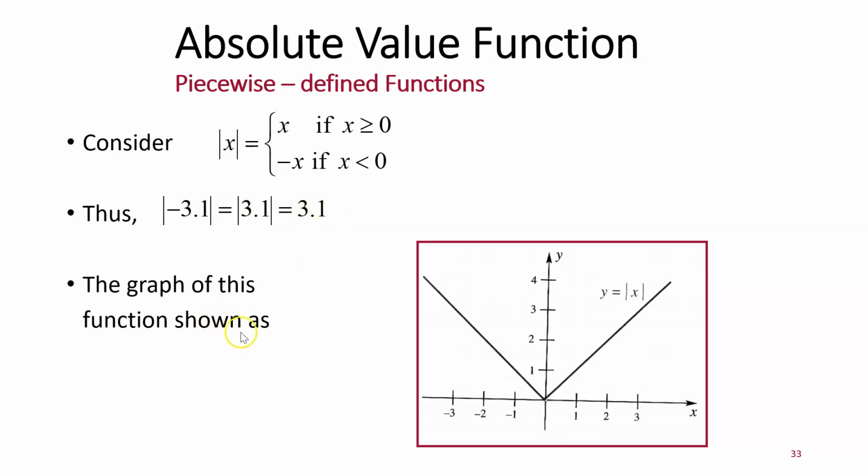So the graph of this function is shown as this. For x greater than or equal to 0, you have this part, right? When x is less than 0, you have this part. It is decreasing, negative x.